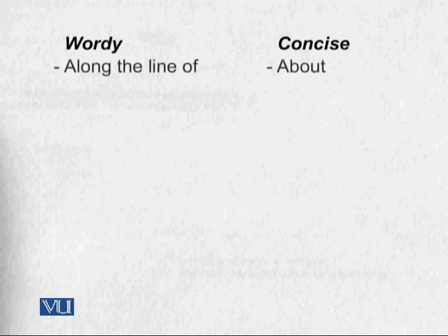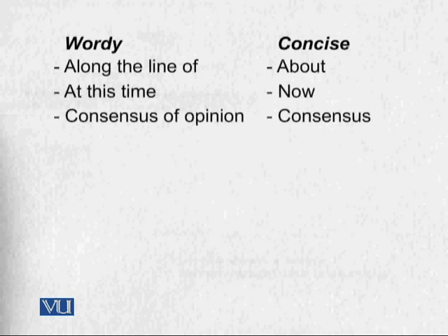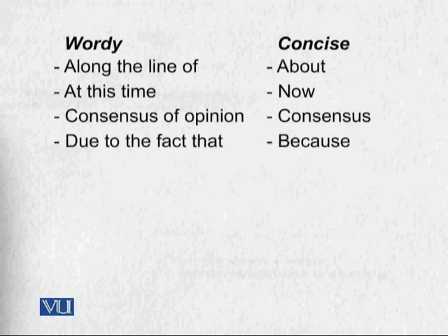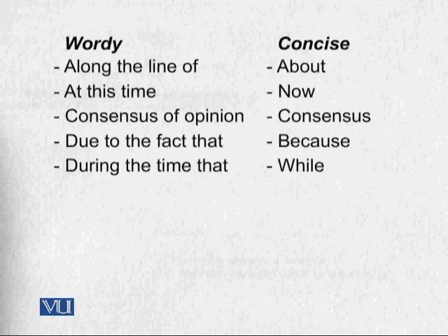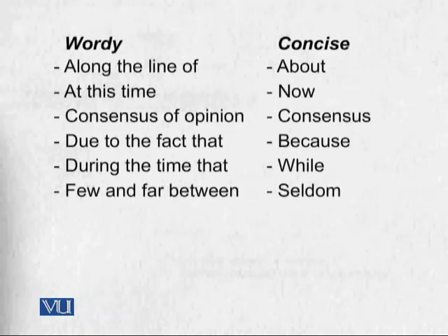Take a look: along the line of, you can change it with about. At this time, in place of at this time, why don't you use now? Consensus of opinion is consensus. Due to the fact that, because. During the time that, while. So this is one word substitution, in other words. Few and far between, seldom.